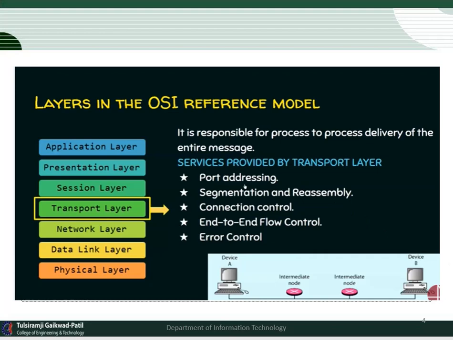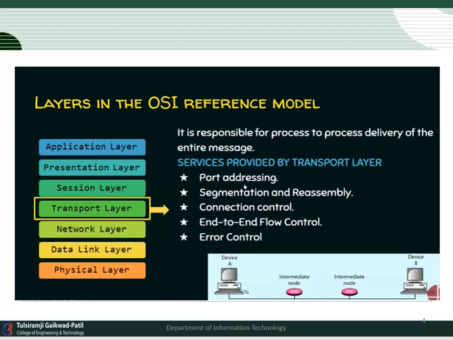Now see the third service provided by the transport layer, that is connection control. For communication between two devices, it can be either connection oriented or connectionless. Whenever we talk about connection oriented service, a connection needs to be established before sending the data.